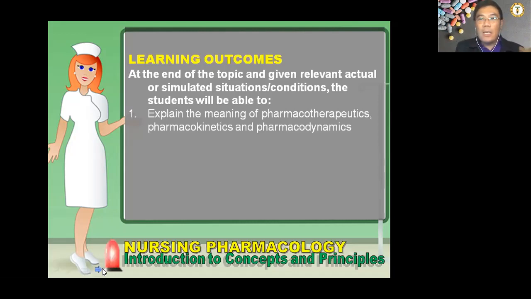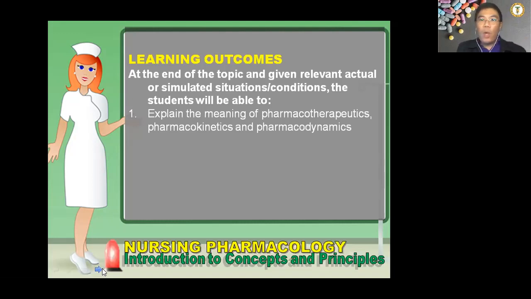So these three concepts are very significant as an introduction to pharmacology, because if I introduce this to you, it will be very easy for you to understand the classification of drugs in our succeeding discussion.